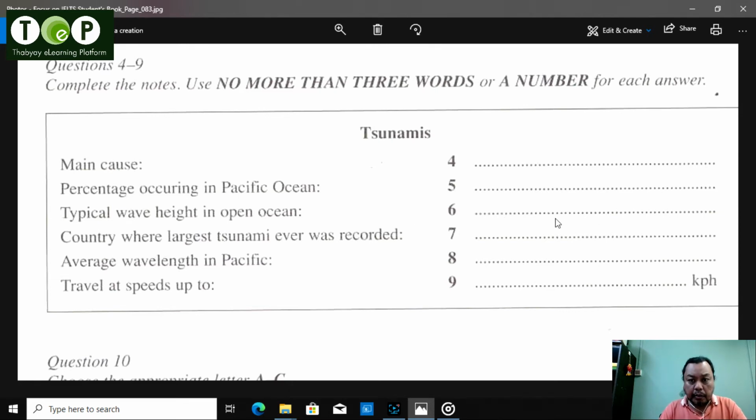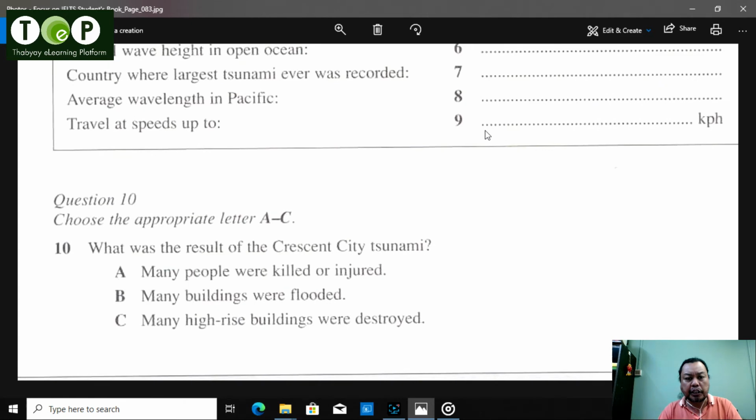So it's a number again. Then the country where the largest tsunami ever recorded occurred. And the average wavelength, typical average, in the Pacific. And travel at speeds up to means the maximum, the fastest speed, a number of kilometers per hour. After that you move on to question number 10.